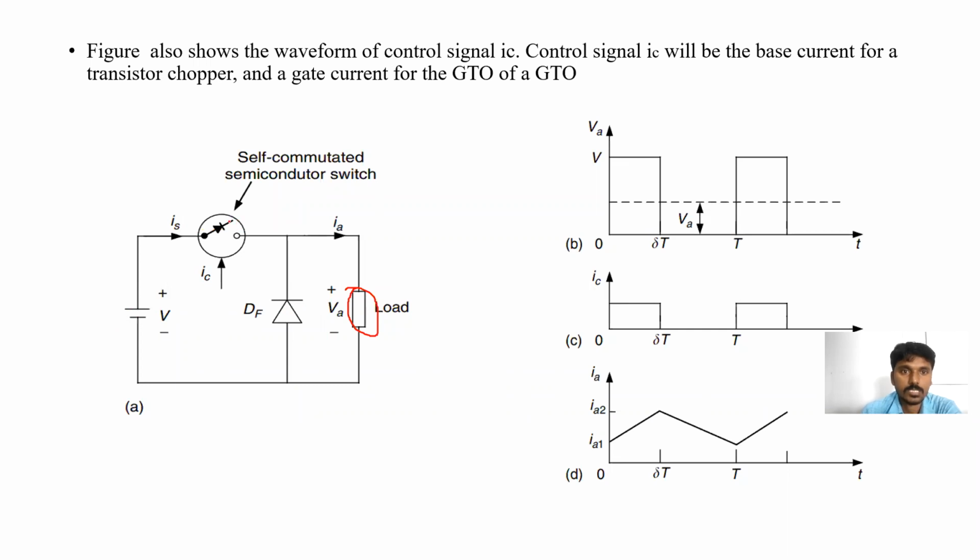This is the power semiconductor switch; maybe we can use a MOSFET, IGBT, thyristor, and so on. Is it right? So what is the operation of this circuit? Can anyone tell, please?